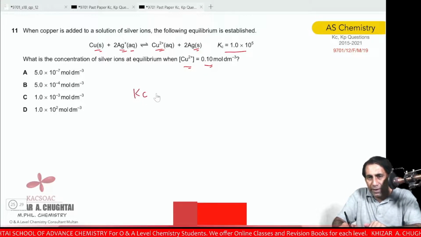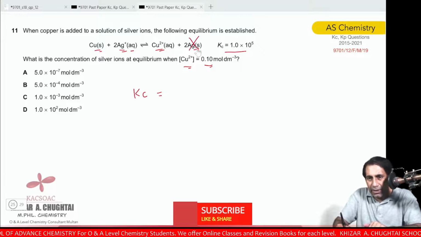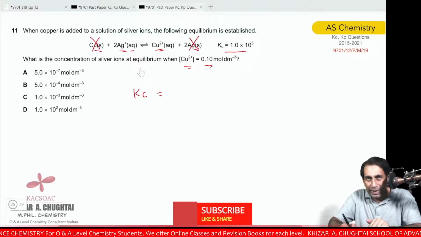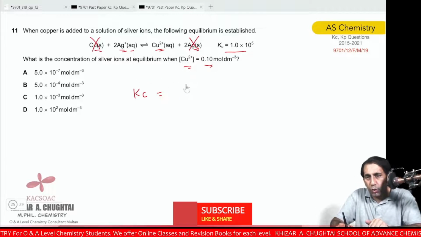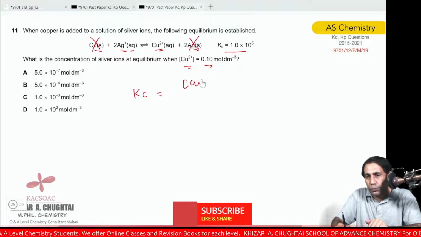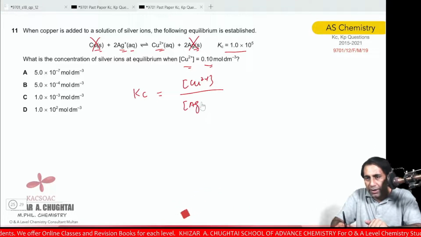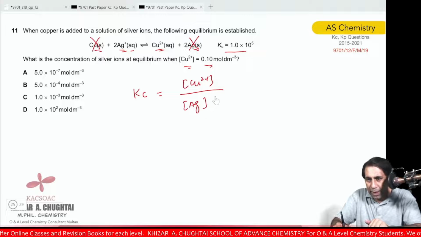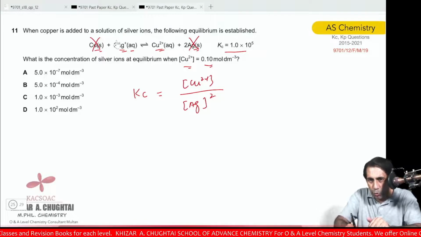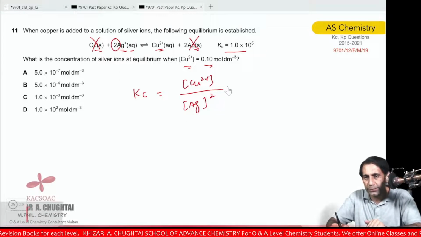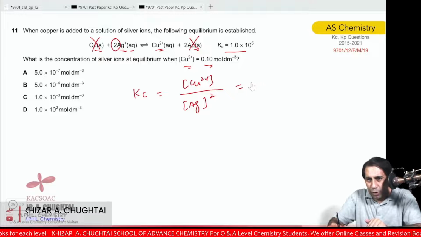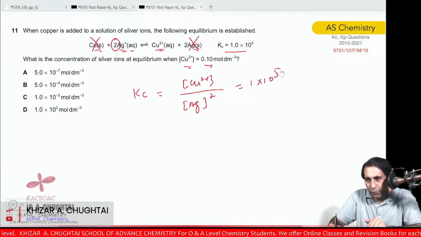First of all, write the expression of Kc, and this time solid will not be included. So, copper 2 positive ion concentration divided by silver ion concentration in aqueous form, raised to power 2 because of 2 moles. And Kc is given, that is equal to 1 into 10 raised to power 5.